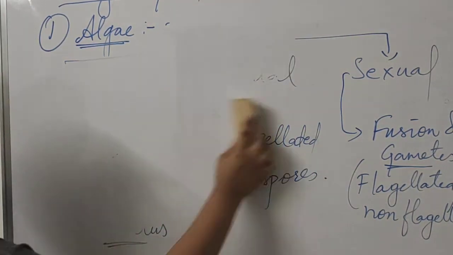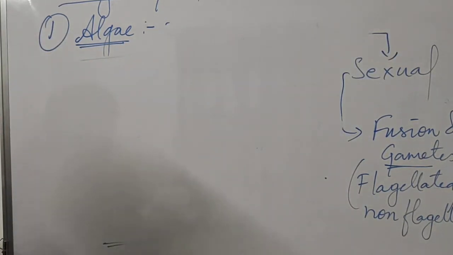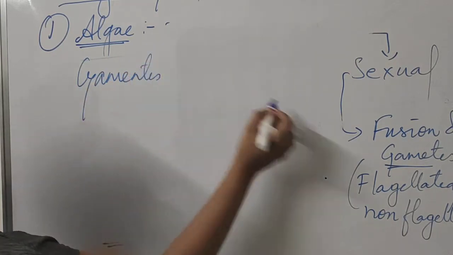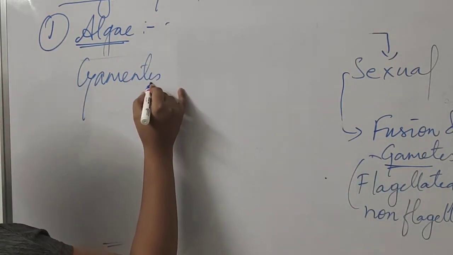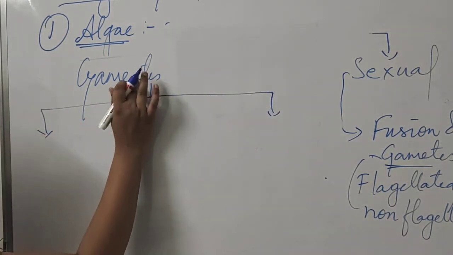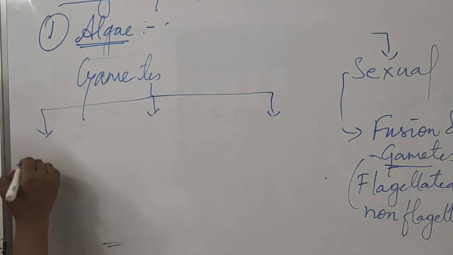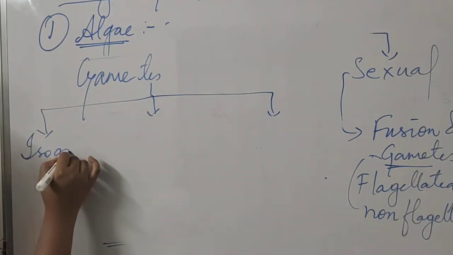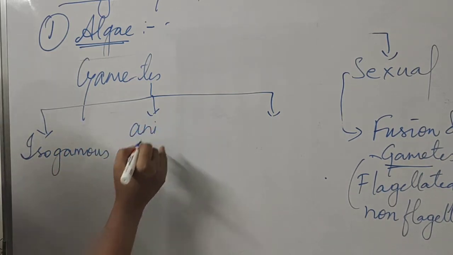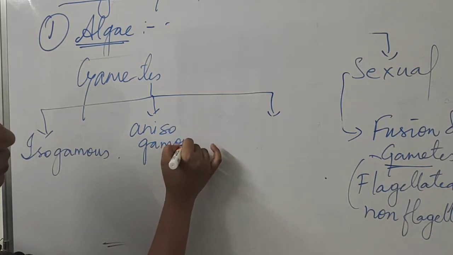In sexual reproduction, the gametes which we have seen can have different natures. This can be of 3 types. Sorry, spelling. Gametes can be isogamous, anisogamous, and oogamous.